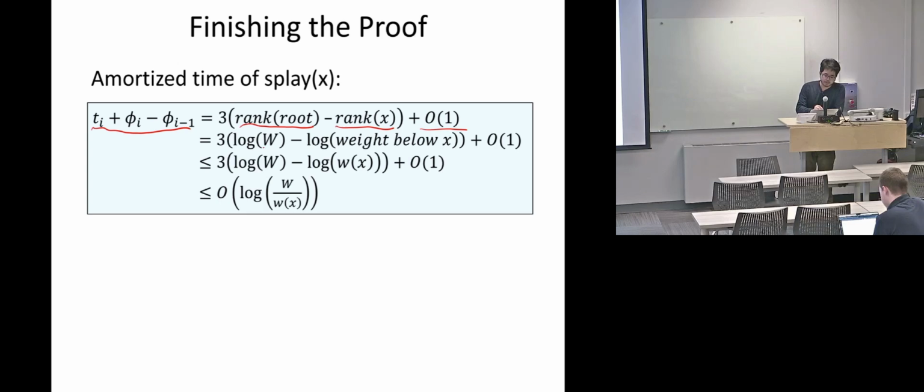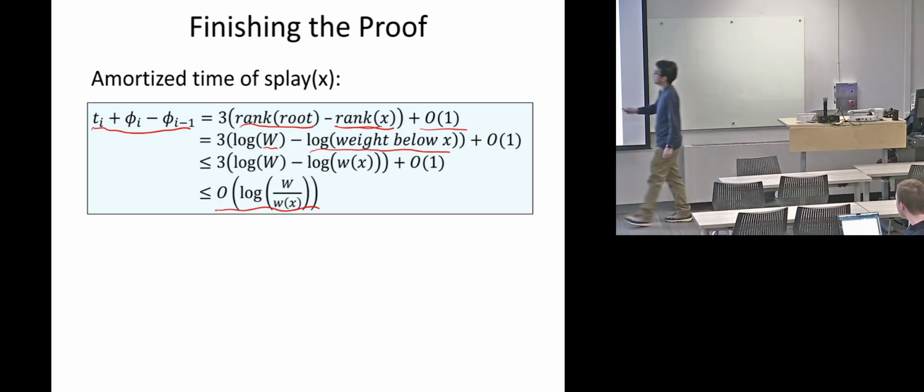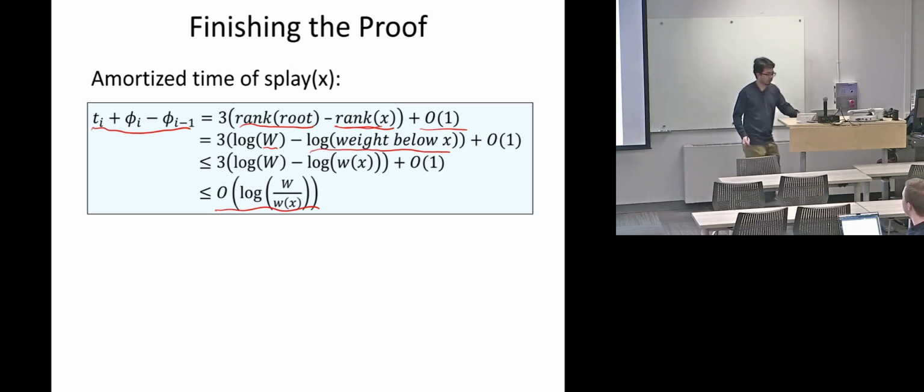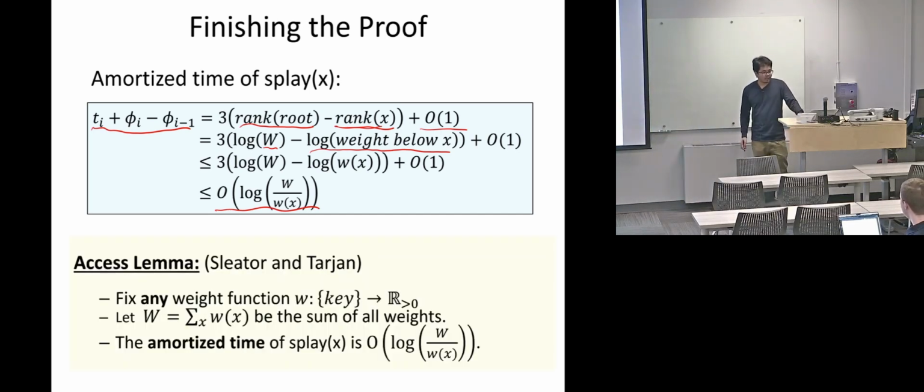The rank of root is log of w, and rank of x is the log of the weight below x. So you can write this as O of log of the total weight over the weight of x. That basically gives us the access lemma, which implies a lot of cool things.